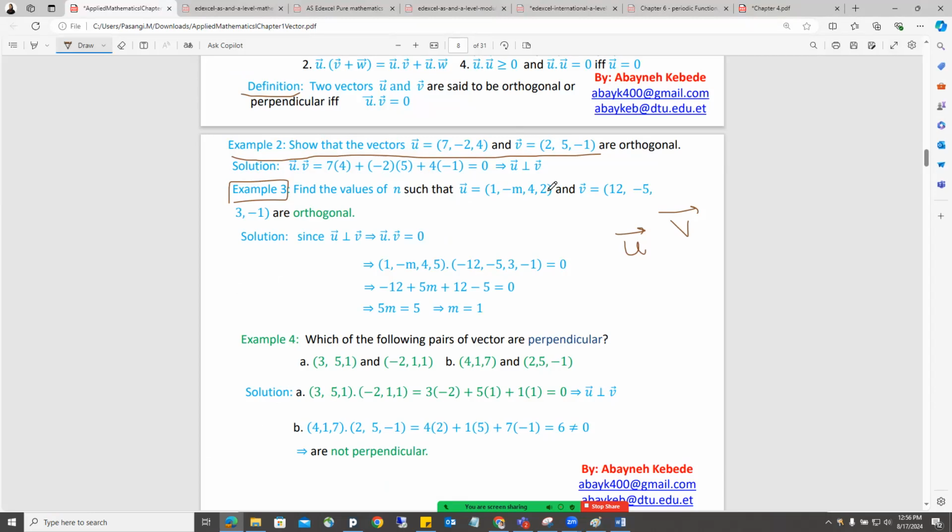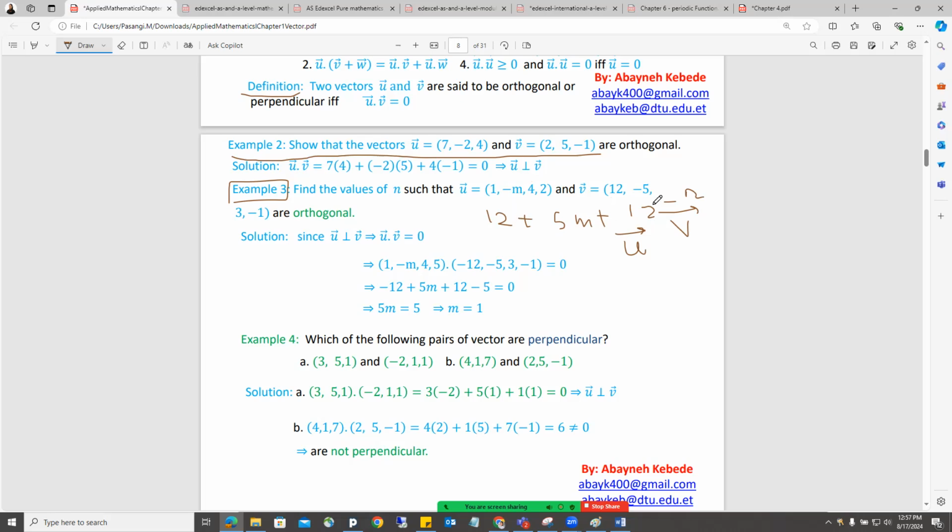If you go through this example, it would be 12 plus 5m plus 12 minus 2. So 1 times 12 is 12, minus m times minus 5 is 5m. 4 times 3 is 12. Again, 2 times minus 1 is minus 2.